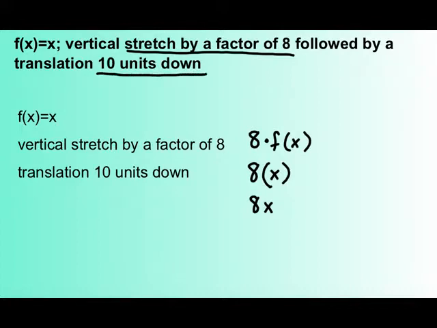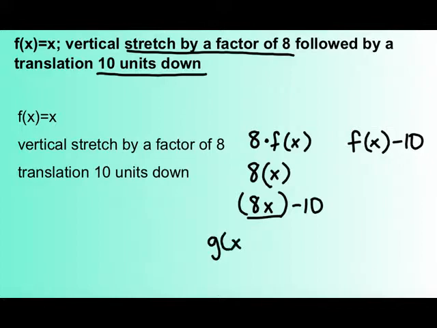So we take our function and subtract 10. That means we're going to take 8x minus 10. Well, you can't combine the two, so I'm just going to use g of x as my new notation. The new equation is 8x minus 10, and leave it.